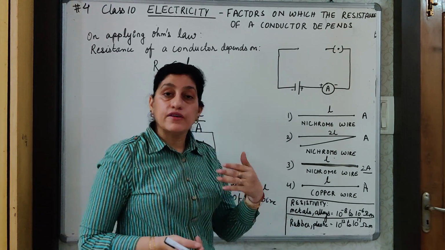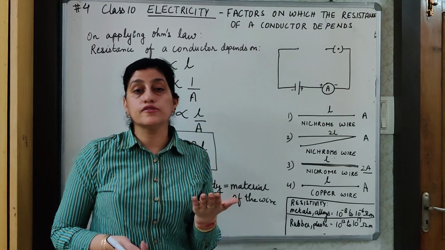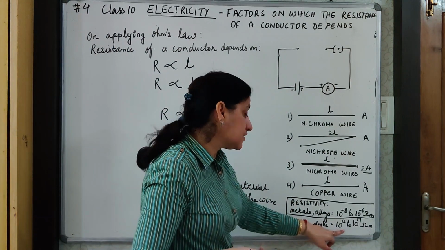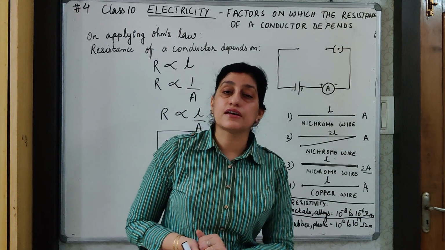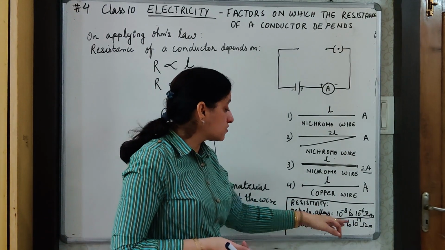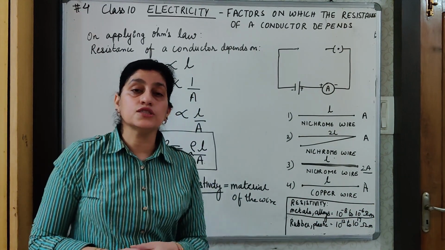And when we have insulators, the resistivity will be very high because it will not allow the flow of current. Therefore, here the resistivity is of the order 10 raised to the power 12 to 10 raised to the power 17 ohm meter.